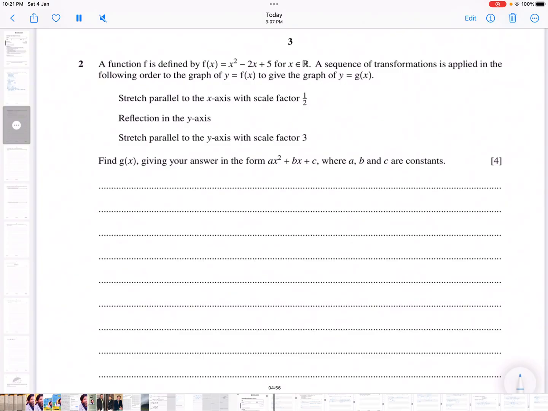Find g of x, giving your answer in the form ax squared plus bx plus c, where a, b and c are constants. So first of all, write this f of x in the name of y.